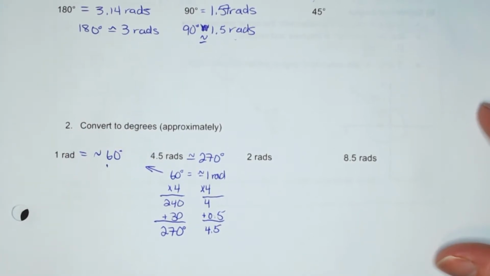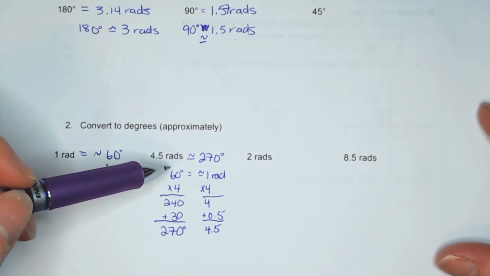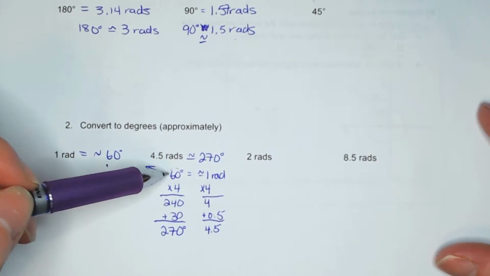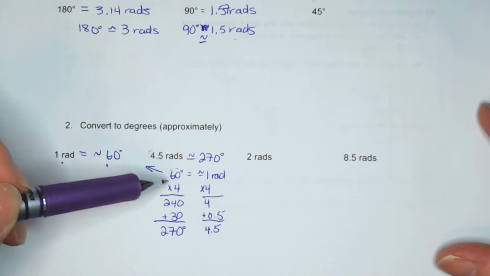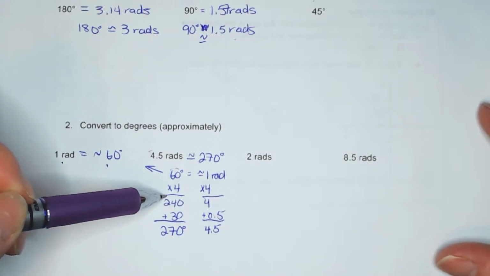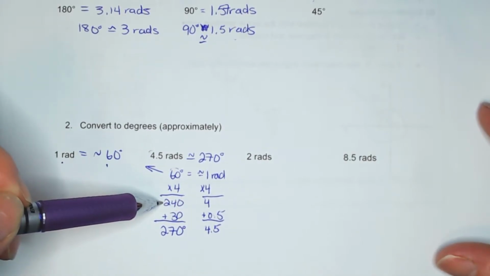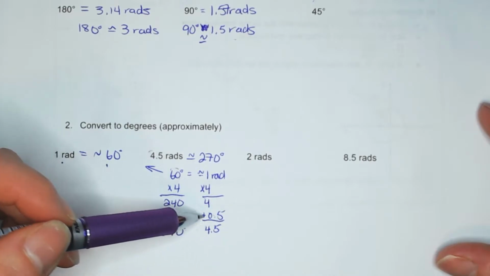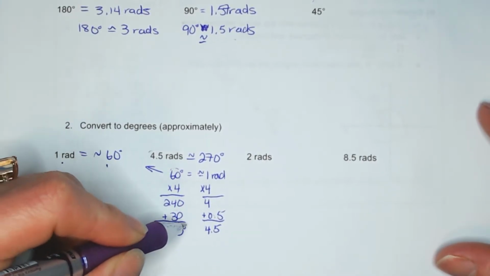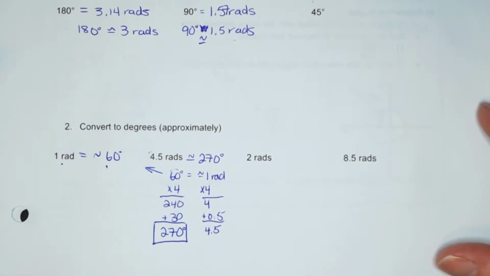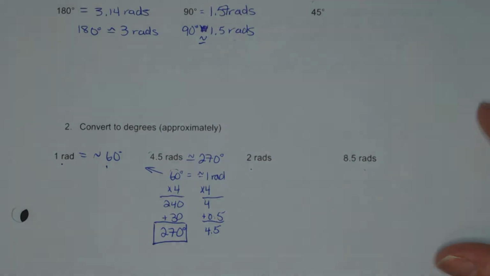If you're like, where the heck did that answer come from? Think of it this way. If we know that 60 degrees is 1 rad, then we have 4 of them, so times it by 4. That gives us 240 degrees. And then we add on that extra half a rad, which would be equal to 30 degrees, to give us our answer of 270. So you can go ahead and do these 2 questions as practice questions as well.